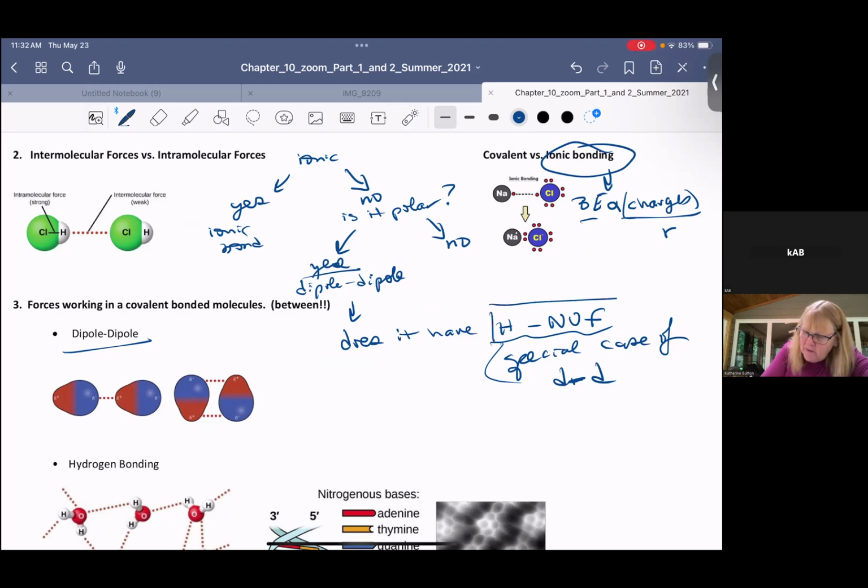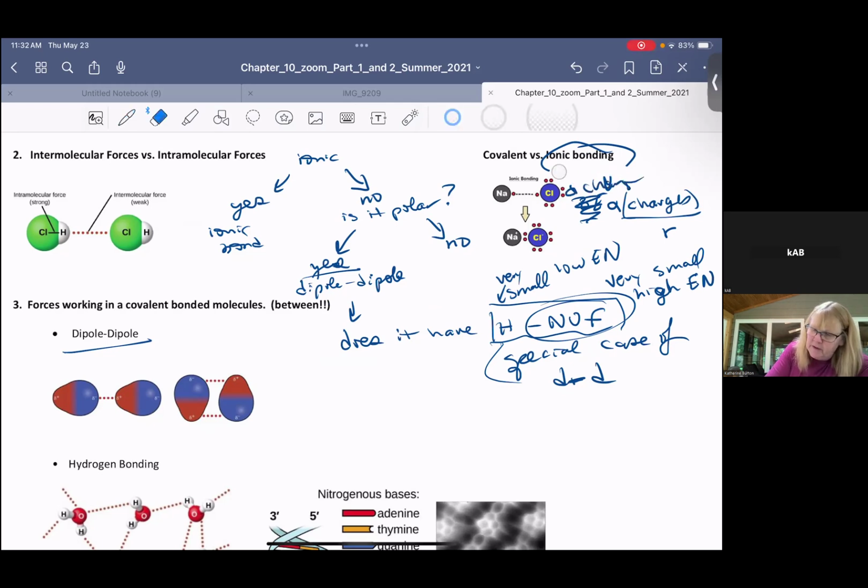And so when we have hydrogen, very small, low electronegativity, attached to nitrogen, oxygen, or fluorine, very small, high electronegativity, we are going to look at, in a sense, our very strong partial charge here.